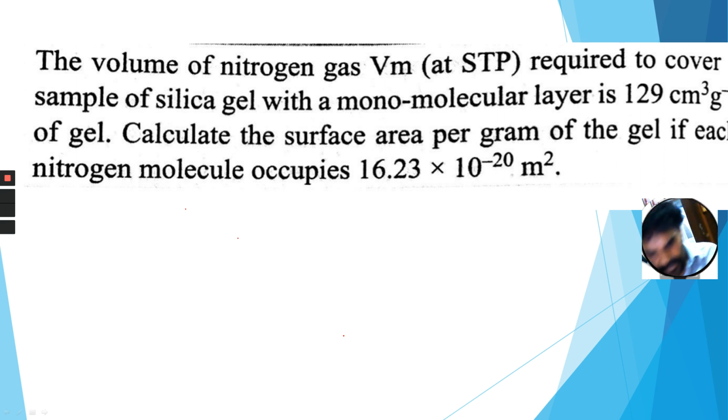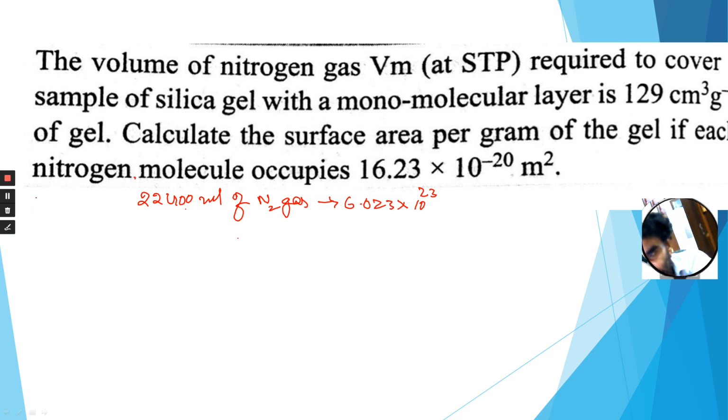According to the molar volume, 22,400 ml of nitrogen gas contains 6.023 × 10^23 molecules of nitrogen, that you know.